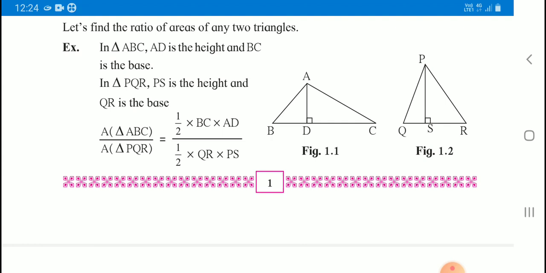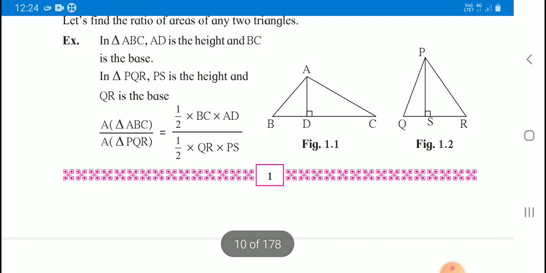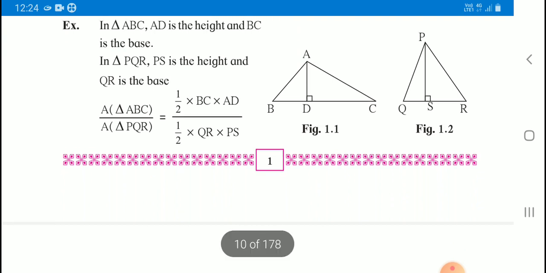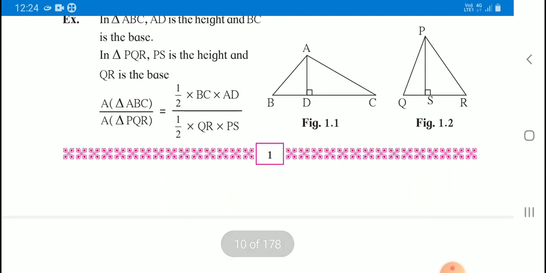Same way, in triangle PQR, PS is the height and QR is the base. So area of triangle PQR is equal to 1 by 2 multiplied by QR multiplied by PS.